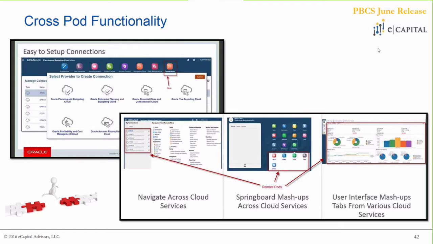I do want to briefly talk about one additional thing here. This is not going to be in the release notes that we have here, but it's actually a webcast that Oracle gave to its partner network. Basically, in the near future, they are going to come out with an enhancement that is going to allow us to connect across pods from a single interface of an application.